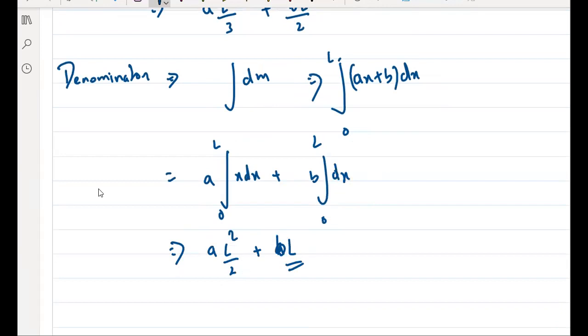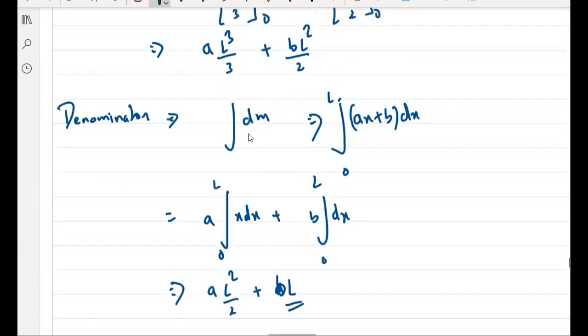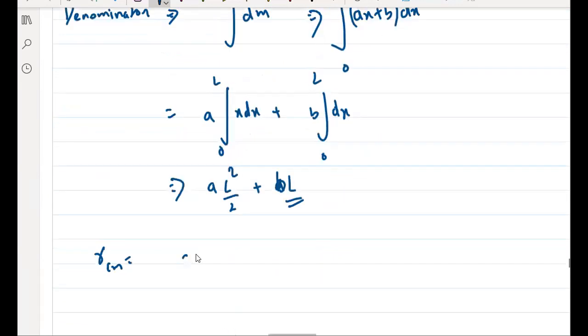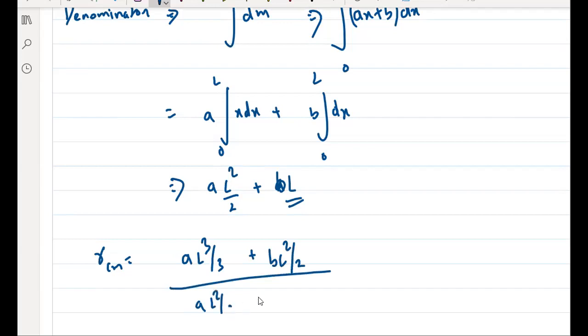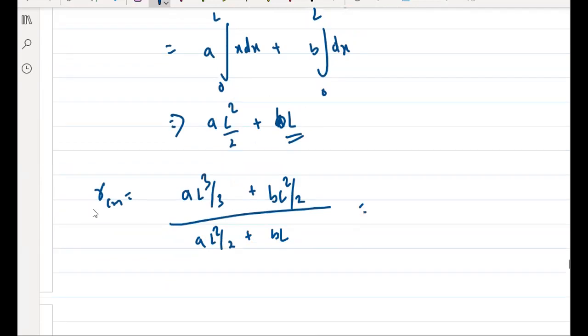So what is my XCM, the center of mass? The numerator we got is a L cube by 3 plus b L square by 2, divided by a L square by 2 plus bL. Yes or no? What will be common and cut? L will be common and cut.